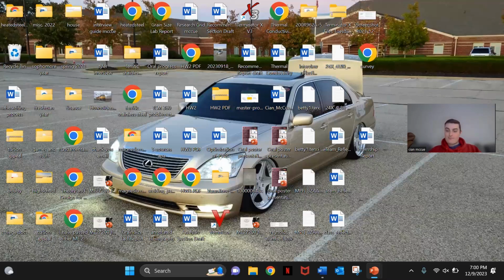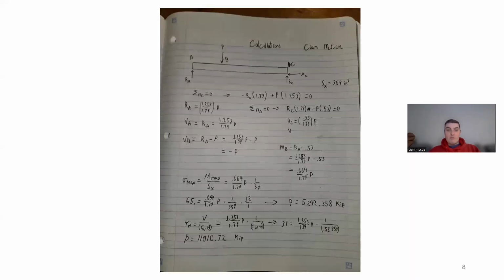Going back to our work, we have our P value multiplied by the distance between B and C, and then in parentheses, 3 times L, 1.79 squared, minus 4 times, again, the distance from B to C squared.